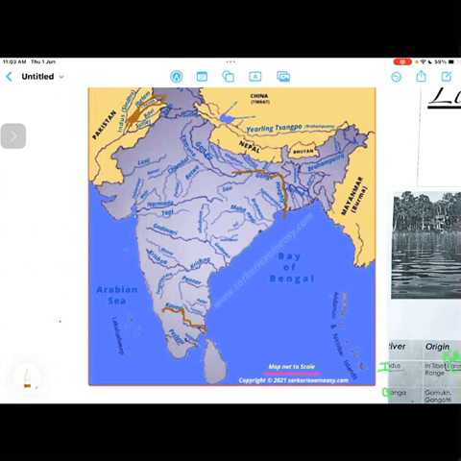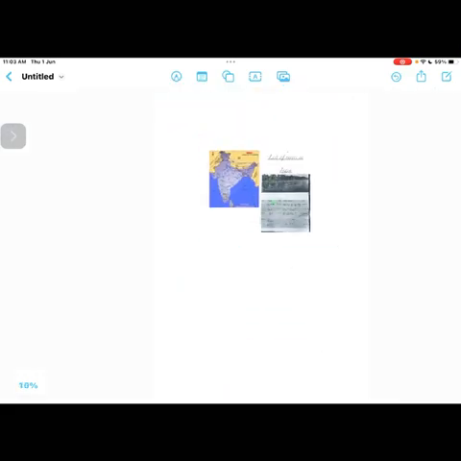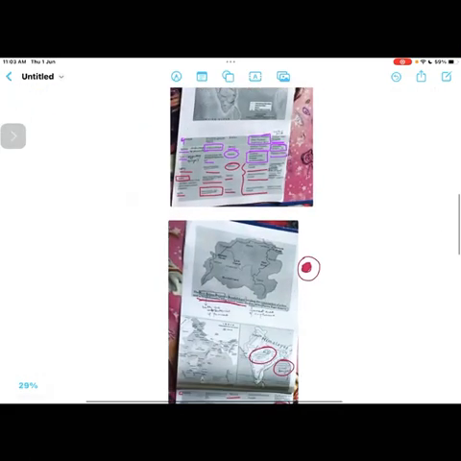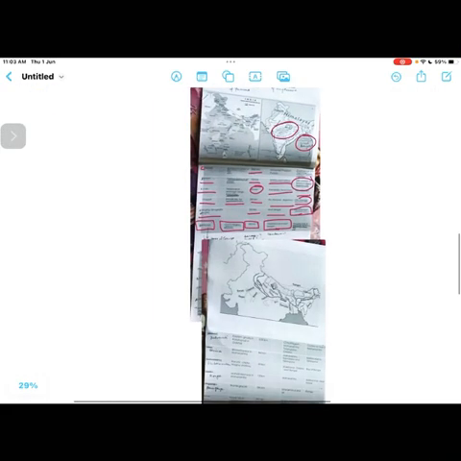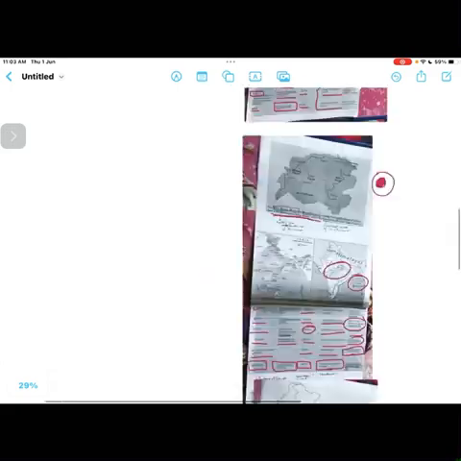I think we have plotted it earlier, so it is here, little here. Let me erase it. It's not going smooth. Wait. So we have plotted your Chenab, Jhelum. We have done your Kaveri. We have done your Hooghly. We are left with Ghaggar and Damodar.